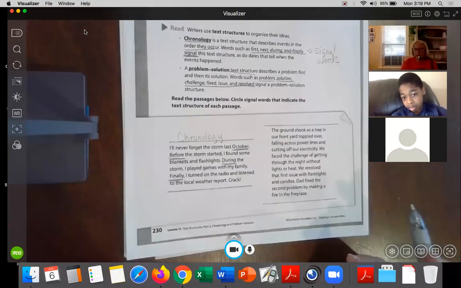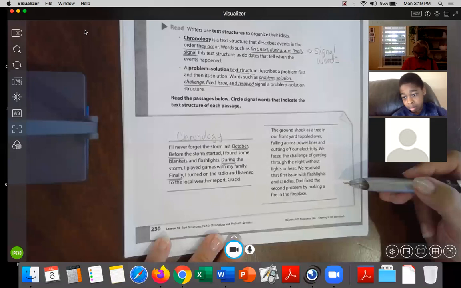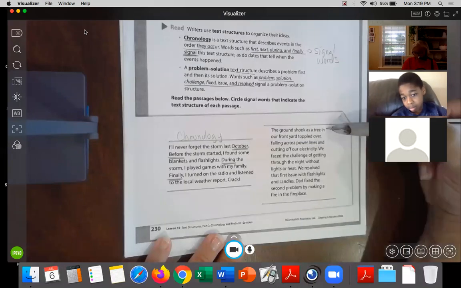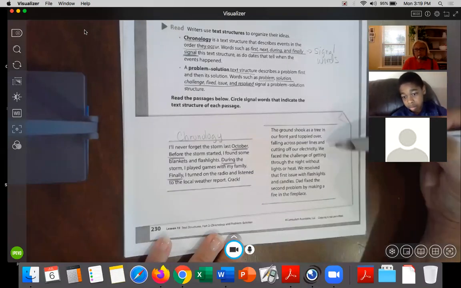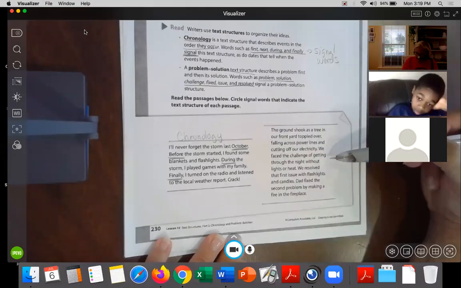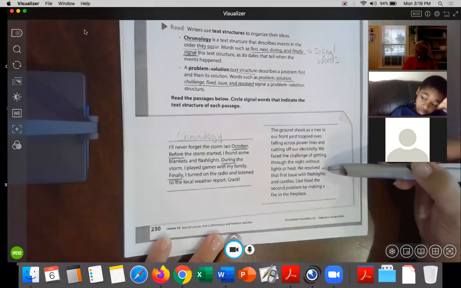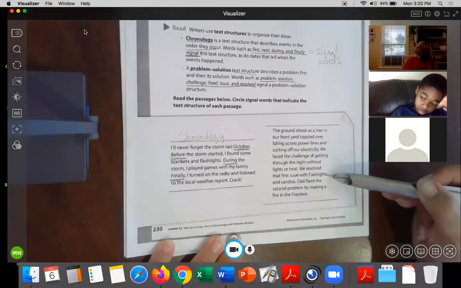Then I'm going to look at this passage over here. The ground shook as a tree in our front yard toppled over, falling across power lines and cutting off our electricity. We faced the challenge of getting through the night without lights or heat. We resolved that first issue with flashlights and candles.